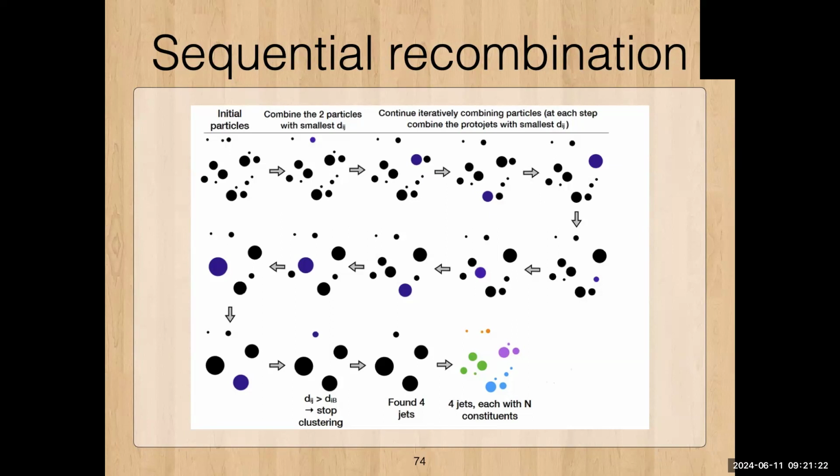In the next step, it's these two, and we merge them, and we keep doing this. In this case, it's an inclusive clustering, so we stop when the minimum distance is large enough. And in this case, we found 4 jets. We can go back in time and see what each one is made of, and we will have jets and their constituent particles. So this is how the algorithm goes.